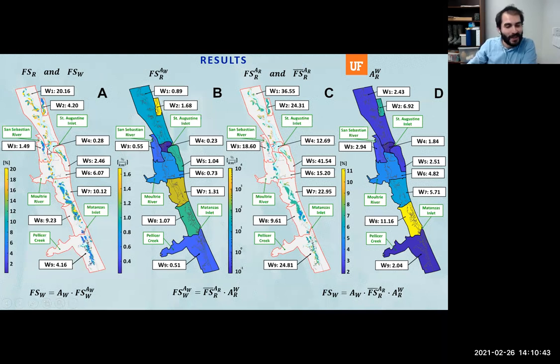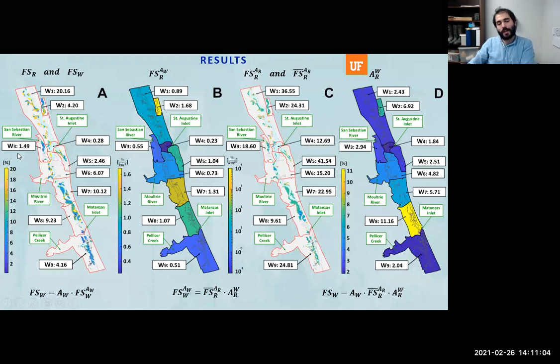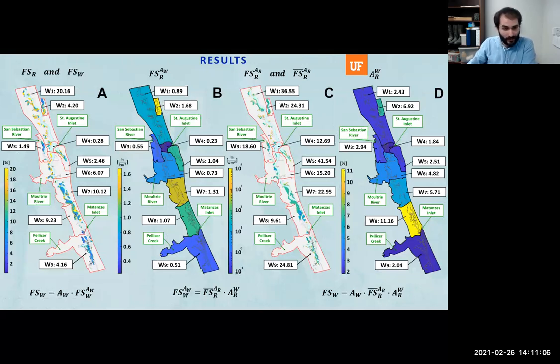Basically, we see that these values are practically the percentage of the initial pollutant mass inside all the estuary that is cleared, that is filtered by the oysters in each watershed. And summing all of them, we saw that we have something like 59% of the mass that is completely filtered by the oysters.